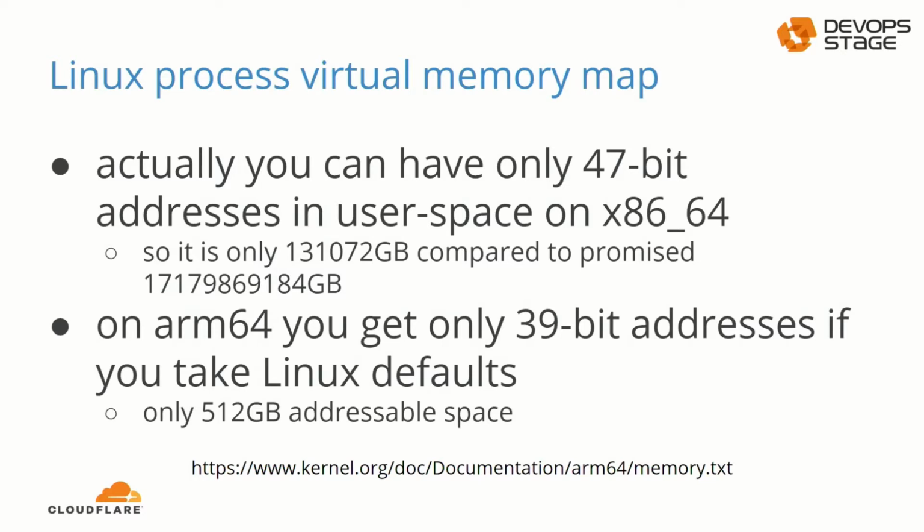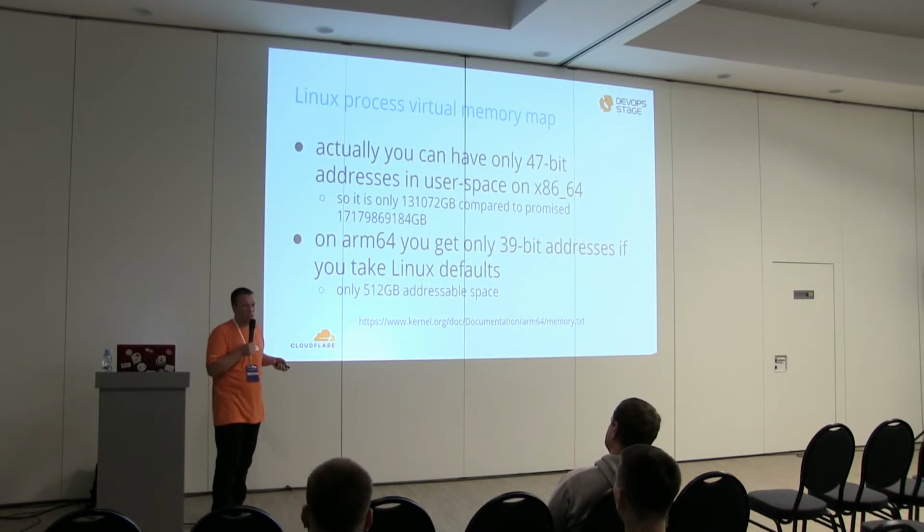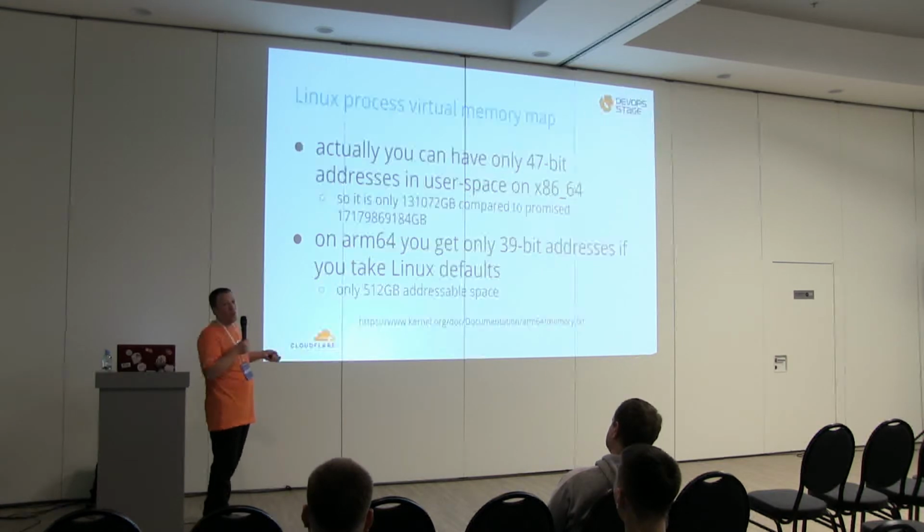In our case, we had a database workload, and for storage, we allocated the whole disk for this database. So the process tried to map the whole disk into memory, but if your disk is larger than 512 gigabytes, you don't have enough addressable space. So your mmap call will fail, and Linux will say that it cannot allocate memory, although it actually doesn't allocate any memory.